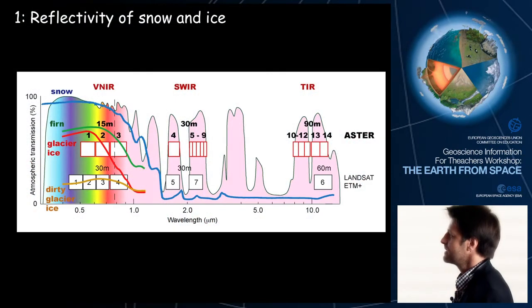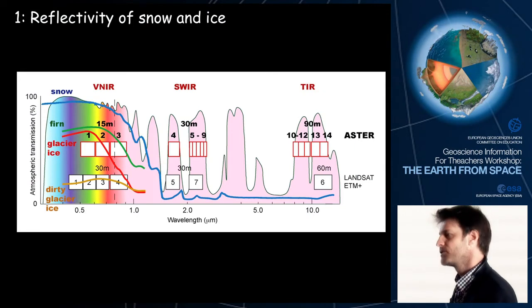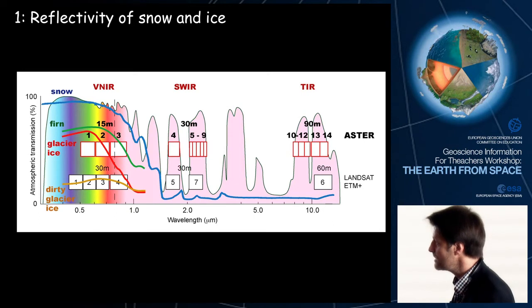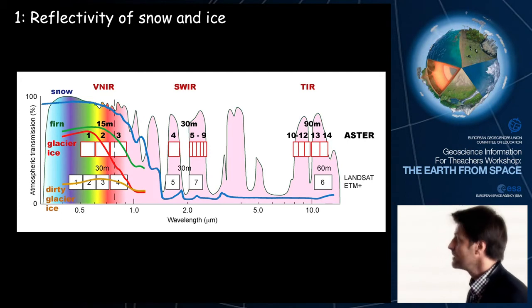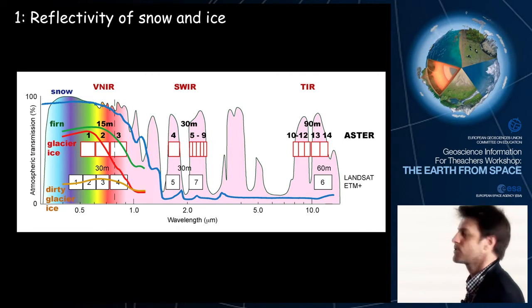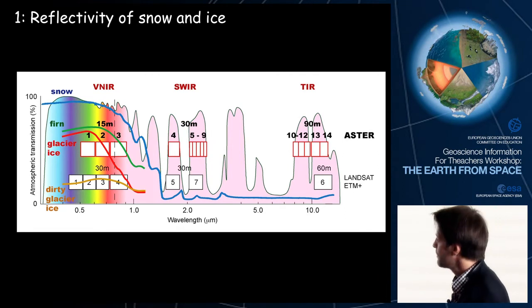The reason for that is that the reflection of snow and ice is very high in the visible, so the visible wavelengths go from here to here. From here on, it's infrared, which we cannot see. So even dirty glacier ice, firn or snow have very high reflections in the visible and very low reflections in the shortwave infrared. The curve in the background, by the way, is the atmospheric transmission.